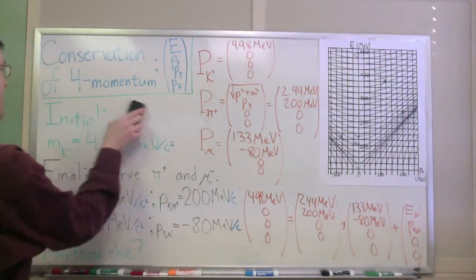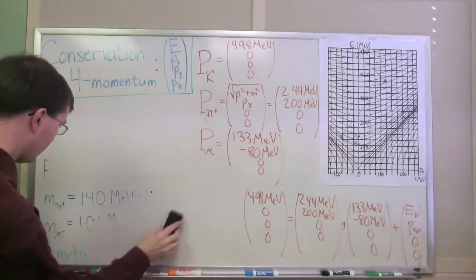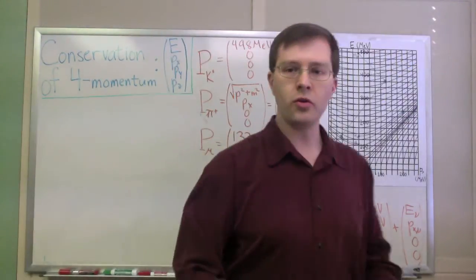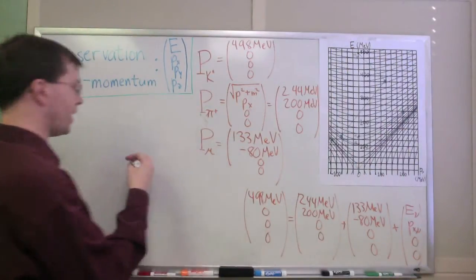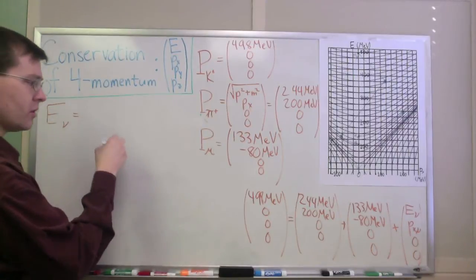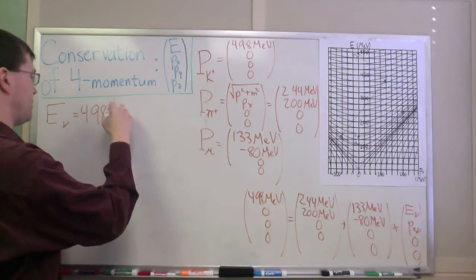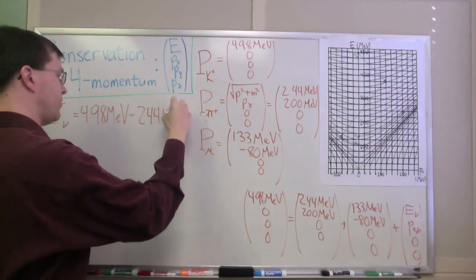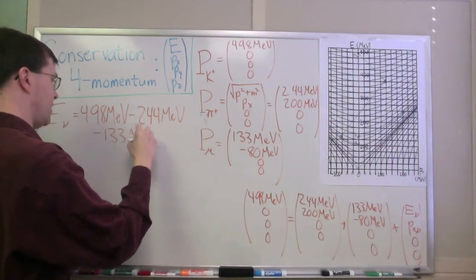All I have to do is clear some space so I can write something. All I have to do is just solve for E of the neutrino. And writing that down, I'll find that E neutrino equals 498 MeV minus 244 MeV minus 133 MeV.